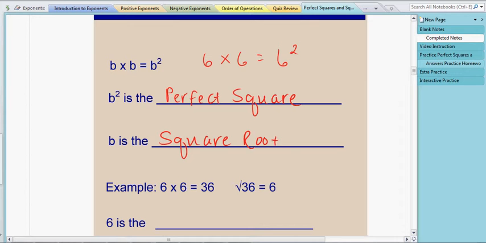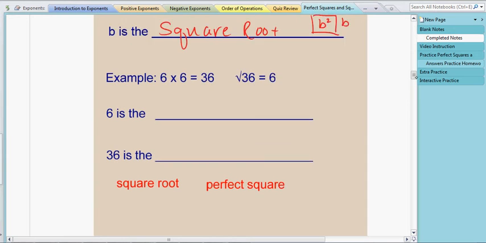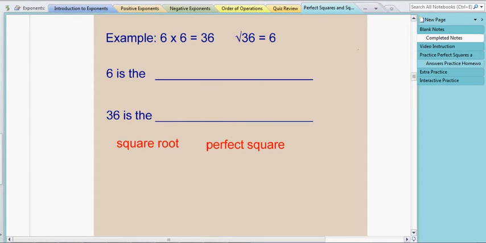Again, if you're thinking in terms of a square, with that algebraic rule, b would be the length of one side, b squared would be the area. So what is 6? Is that going to be the square root or the perfect square? 6 is the square root. What about 36? 36 is the perfect square.